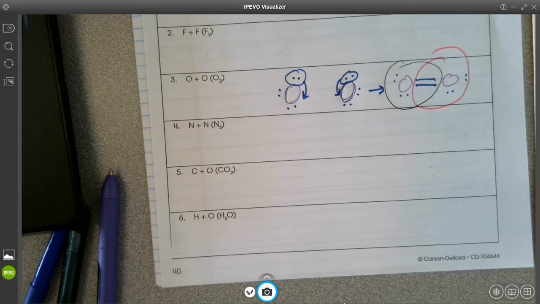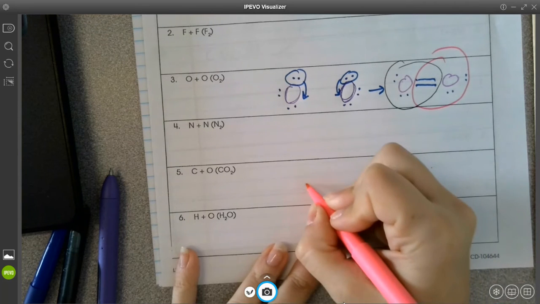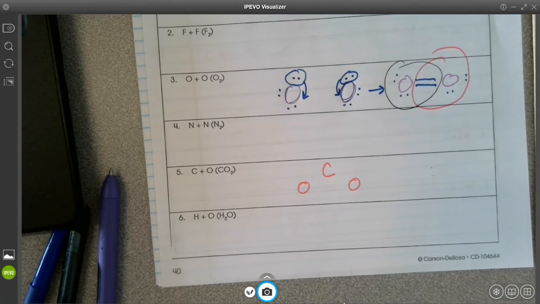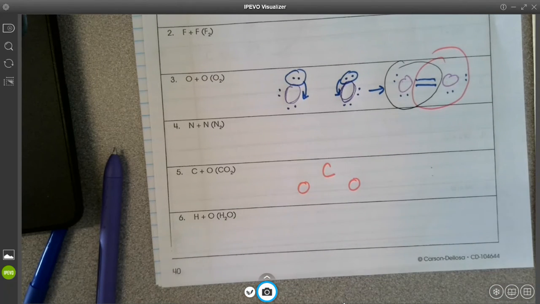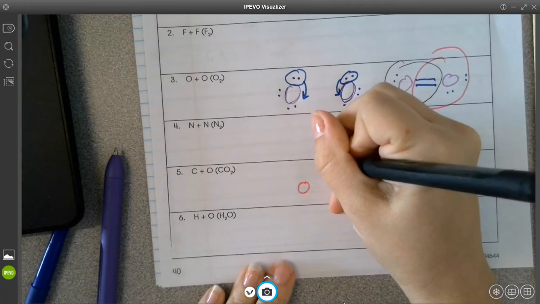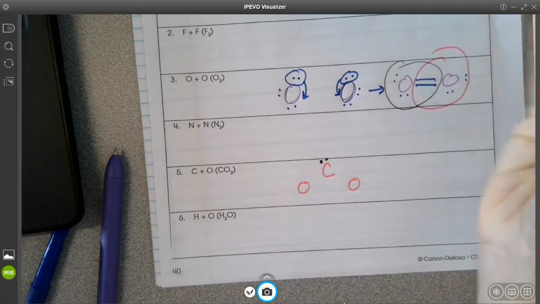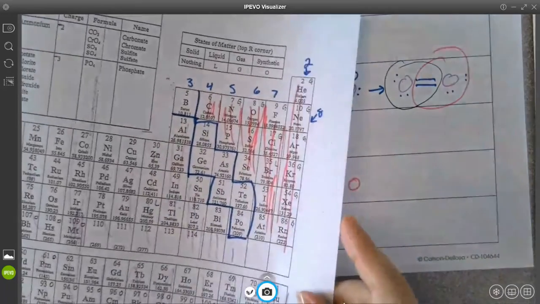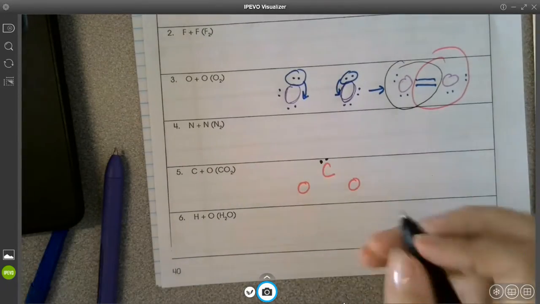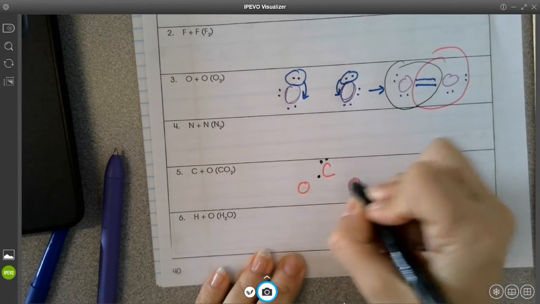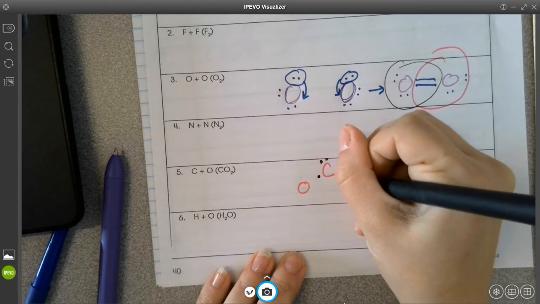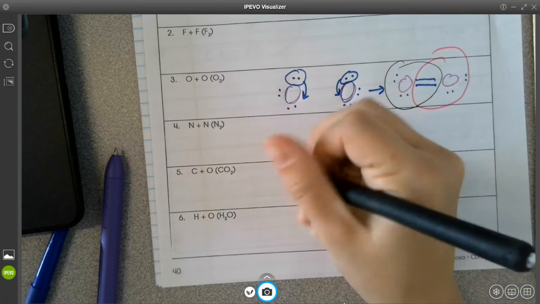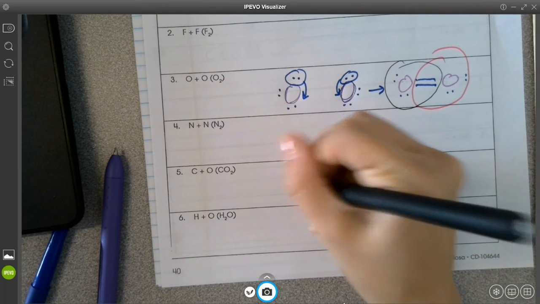Same with CO2. Carbon will have a total of 4 valence electrons. And again, we got that from the periodic table, family 14, so 4 electrons. And I know that we're going to have a bond here. And each oxygen will have a total of 6.